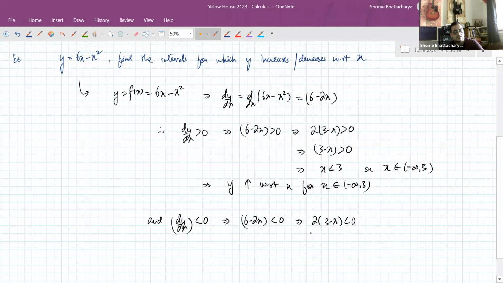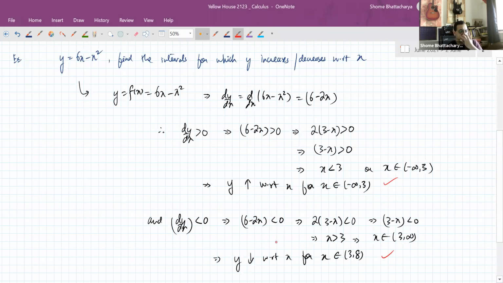So this will tell us that now x should be greater than 3, or in other words, x belongs to the interval 3 to infinity. So this tells us that y is decreasing with respect to x for x belonging to the interval 3 to infinity. So finally, these are the two things that we are looking for.